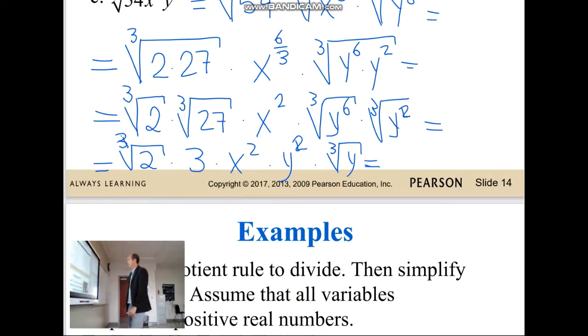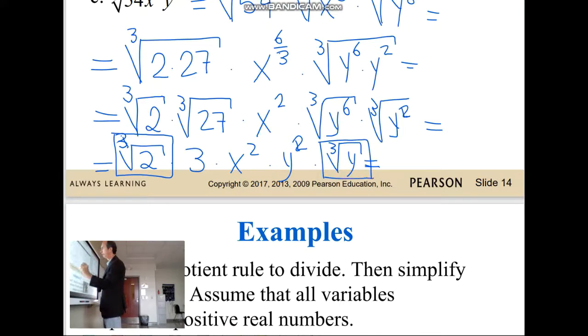That's it. Just to make it look a bit nicer, let's rearrange it, because we can use the product rule to put together this and that one, and we can rewrite this as 3 times x squared times y squared times cube root of 2 times y.